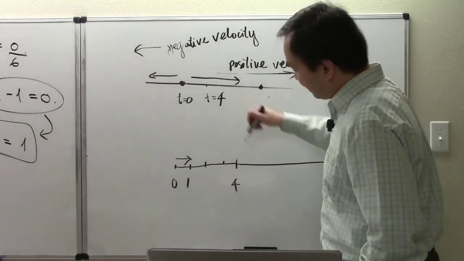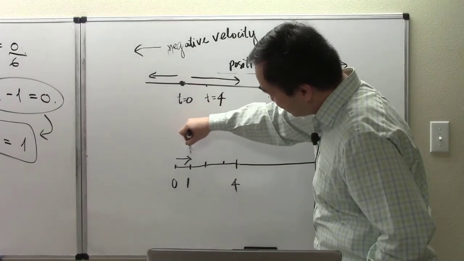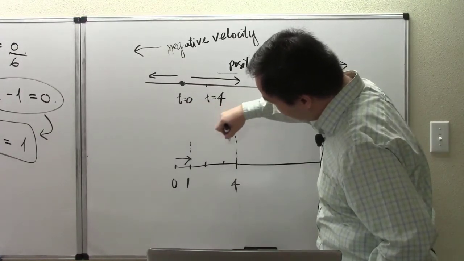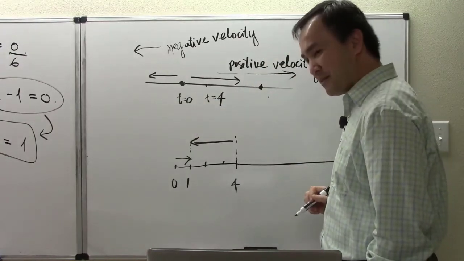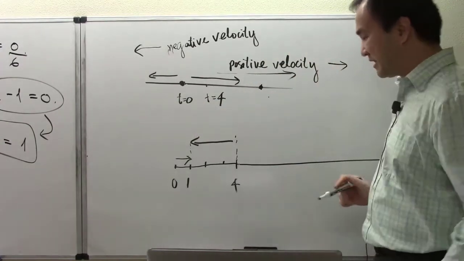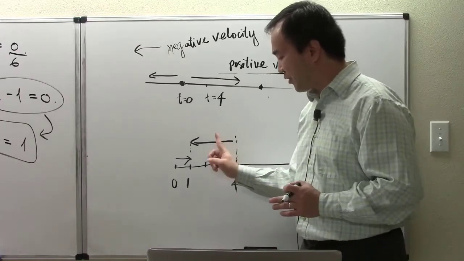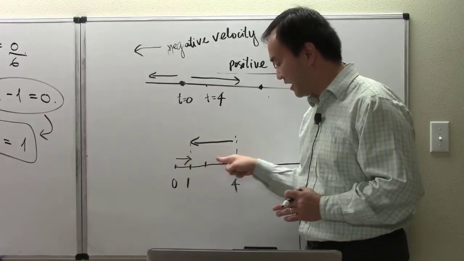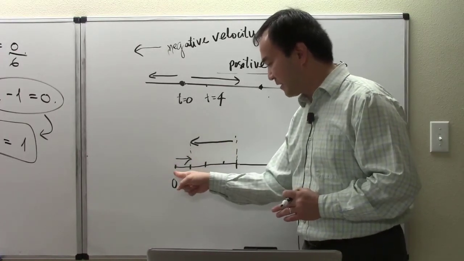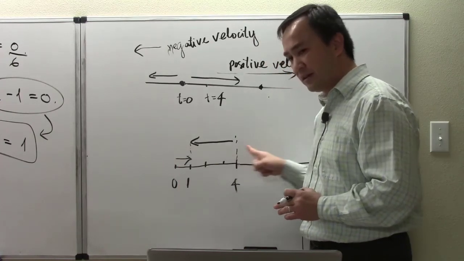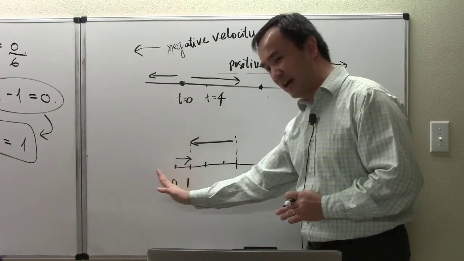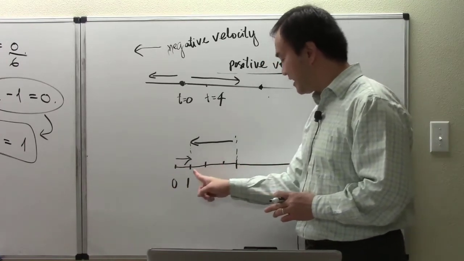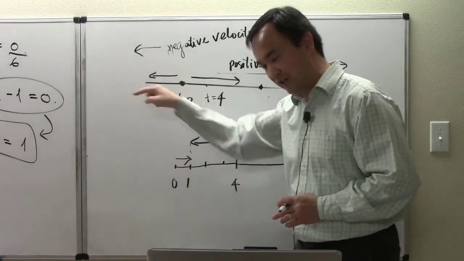And then from 1 to 4, we have to calculate some distance going backwards. My chart might be a little awkward for many viewers, but my explanation is that this right-hand arrow indicates that between time 0 and 1 we're going forward, and in the next interval we're going in the opposite direction.